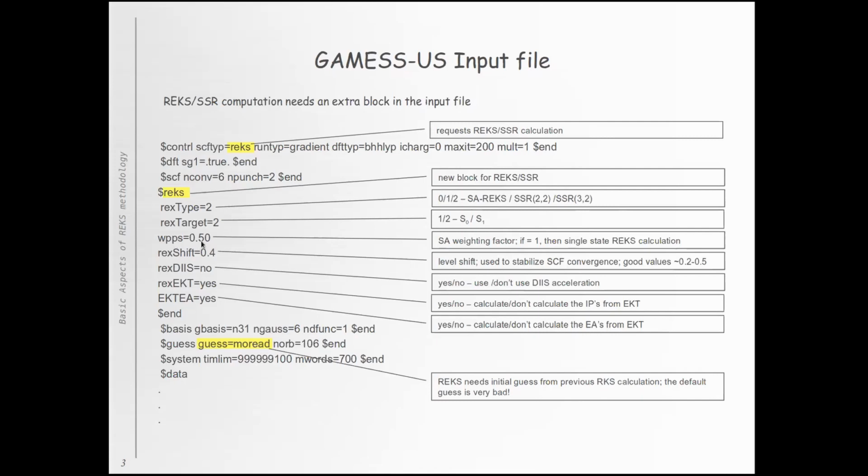Even the first keyword, REKS type equal to 0, is already state-averaged, but if you set it to 0 or any other value, and then set this factor to 1, it will perform a single-state REKS calculation anyway, because in this case the weight of the open-shell singlet configuration will be strictly 0, and it won't make any sense to handle this configuration during the calculation.